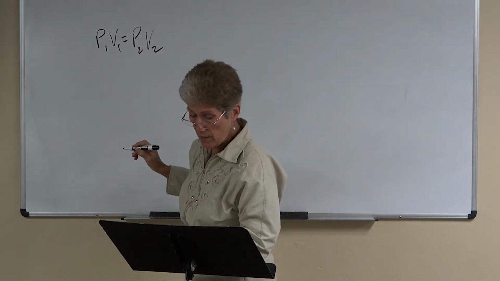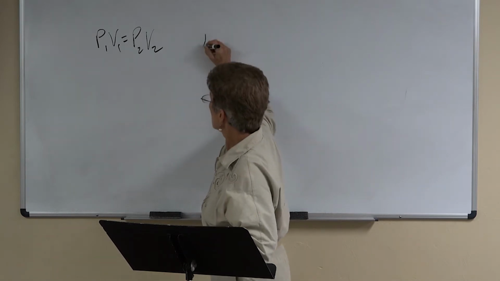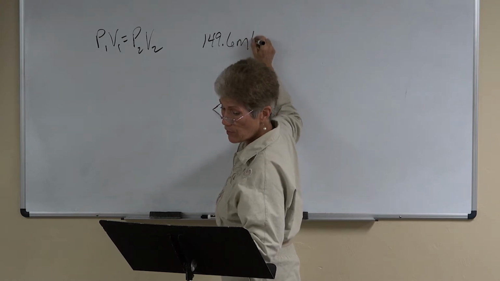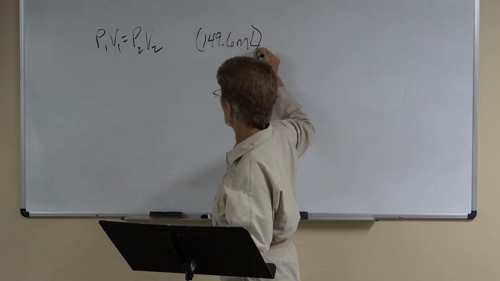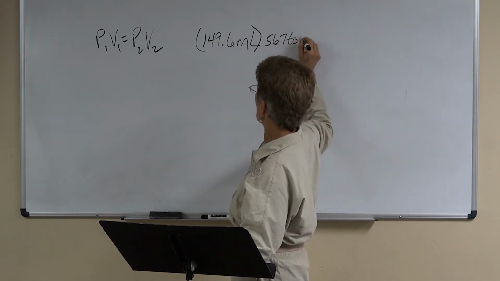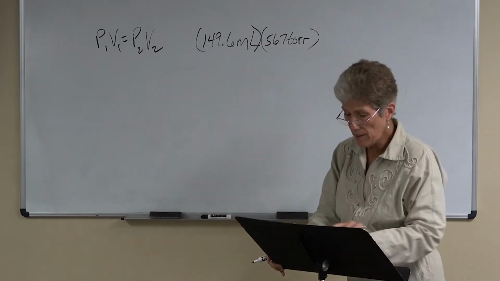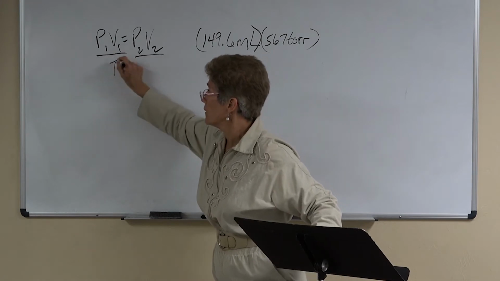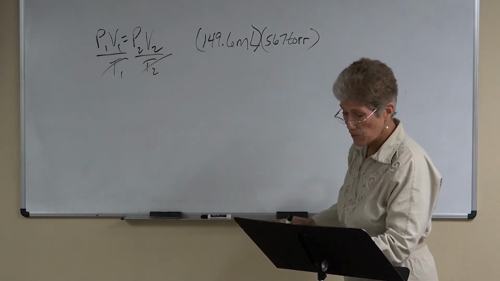And we are given that the volume of the balloon initially is 149.6 mils, and that this has a pressure of 567 torr. The temperature doesn't change. That was why we were able to take away these. We didn't have to worry about those in this particular problem.